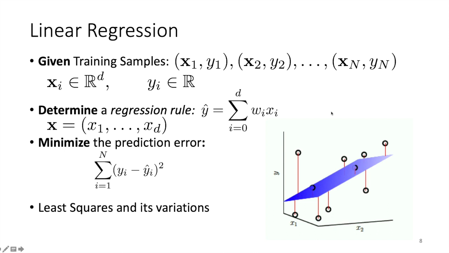Another technique that you learn after linear classification is regression. Regression gives you the fitted line. In this case, since you have a 3D space, normally your classifier is one dimension lower, so you have a hyperplane.